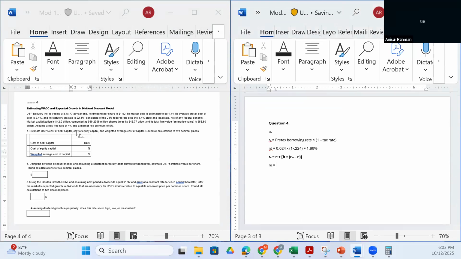Our risk-free rate, 4%, plus our beta, 1.44, times our market risk premium, 5%.